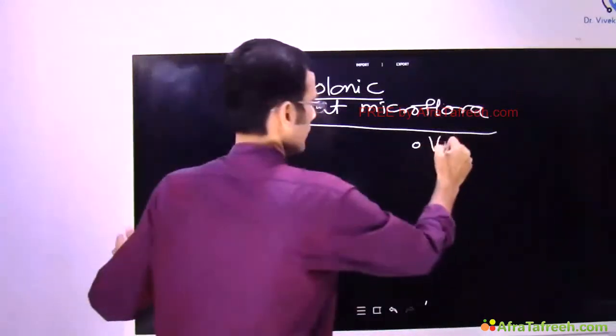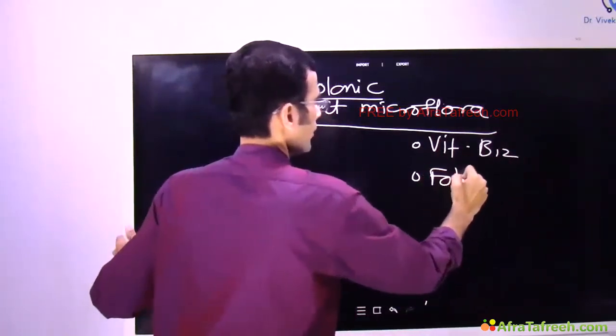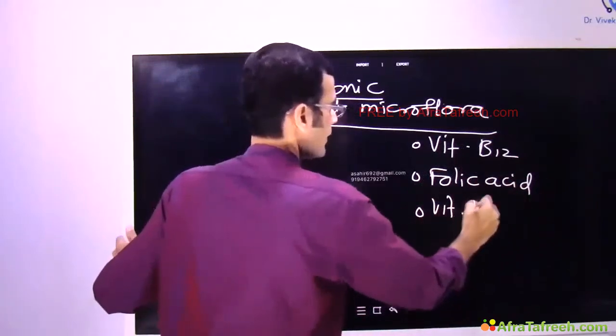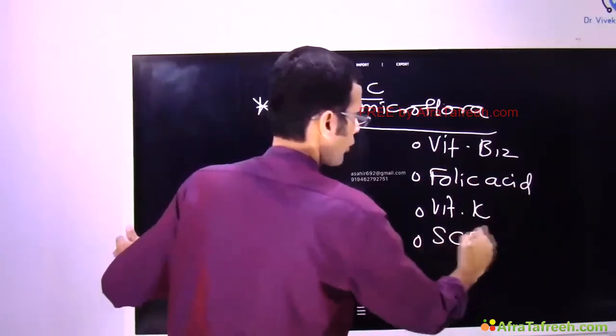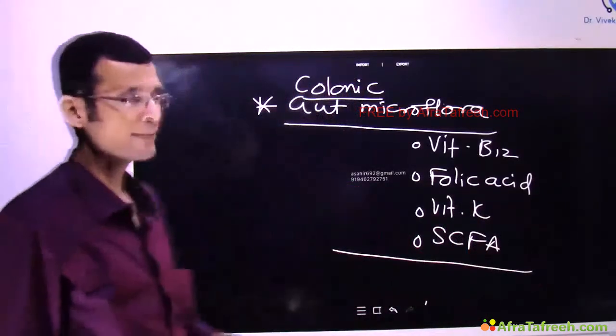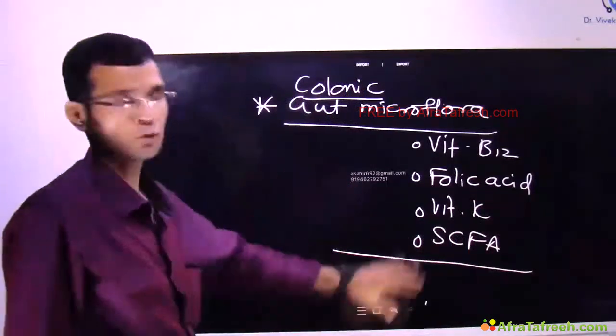They are vitamin B12, folic acid, vitamin K, and short chain fatty acids. These are the substances which are synthesized by the colonic microflora and they are also absorbed from the colon.